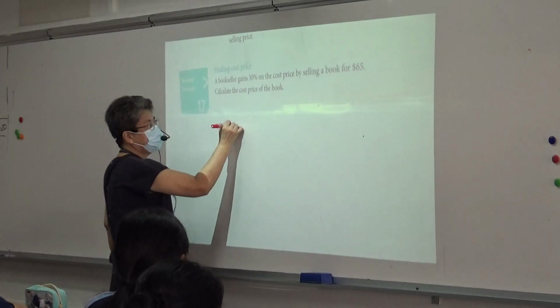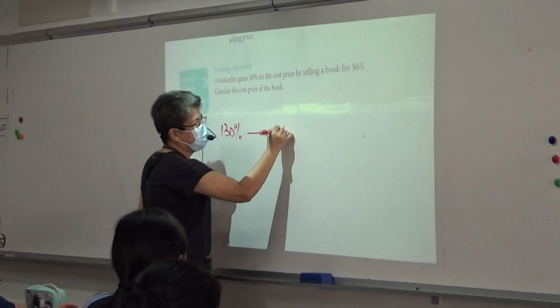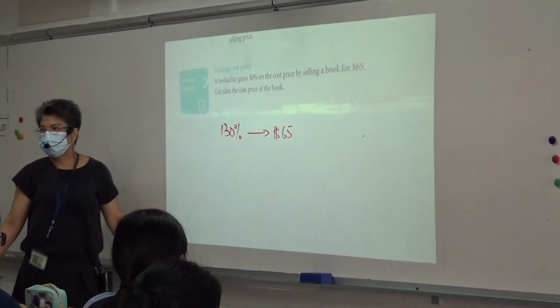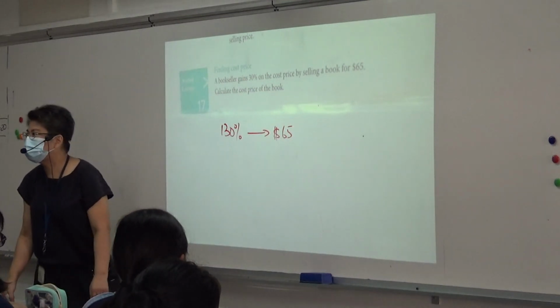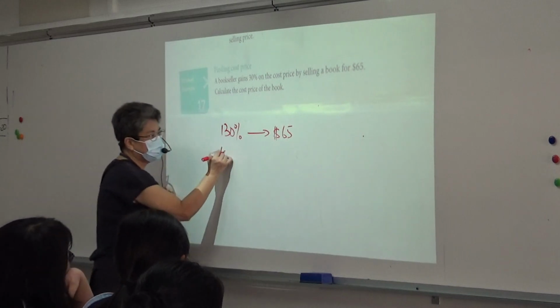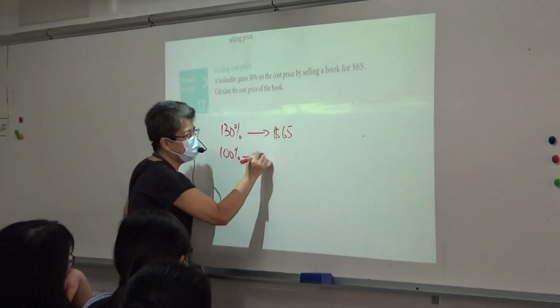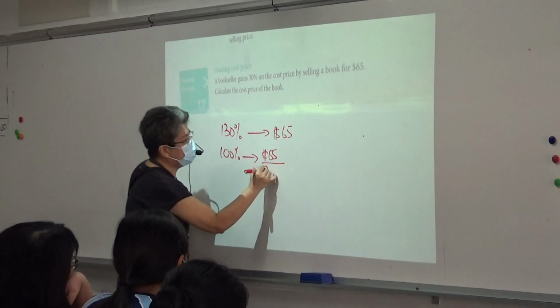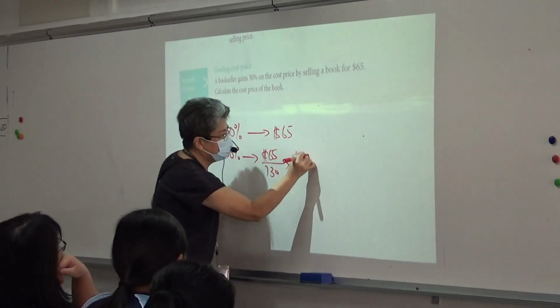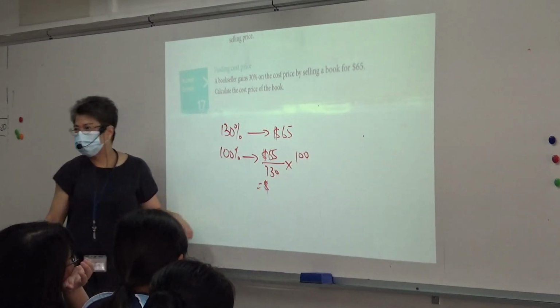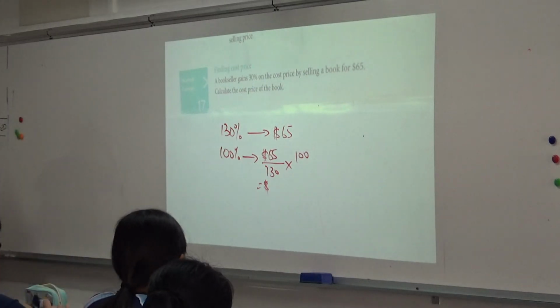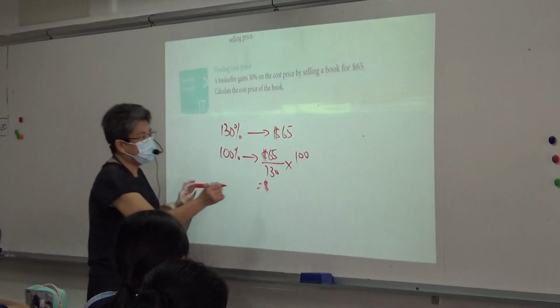Now, do you agree that 130% must be $65? So 65 over 130 times 100, right? Everybody okay? Alright? This will be $50.